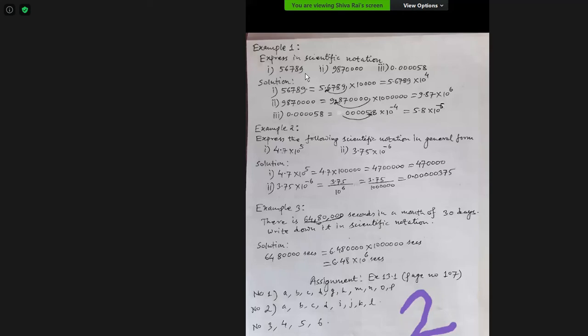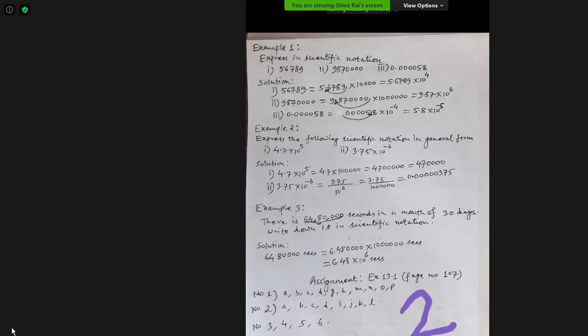To make this less than 10, you have to bring the decimal in between 5 and 6 from the last. From 9, if you bring it in between 5 and 6, we are shifting 4 places left.